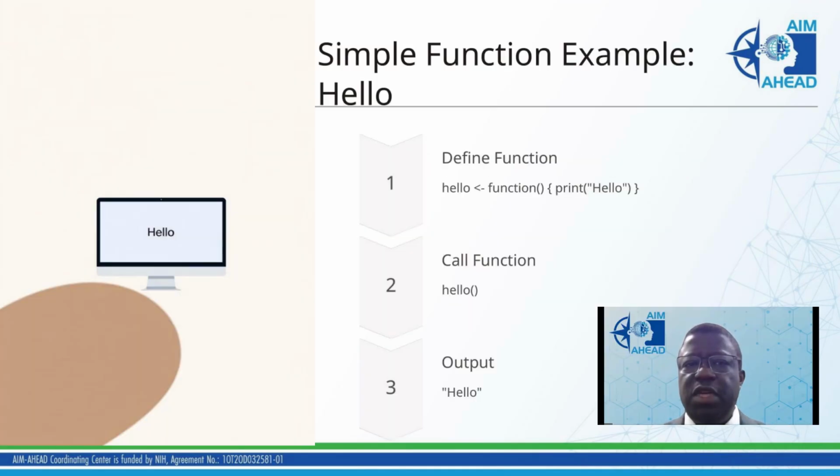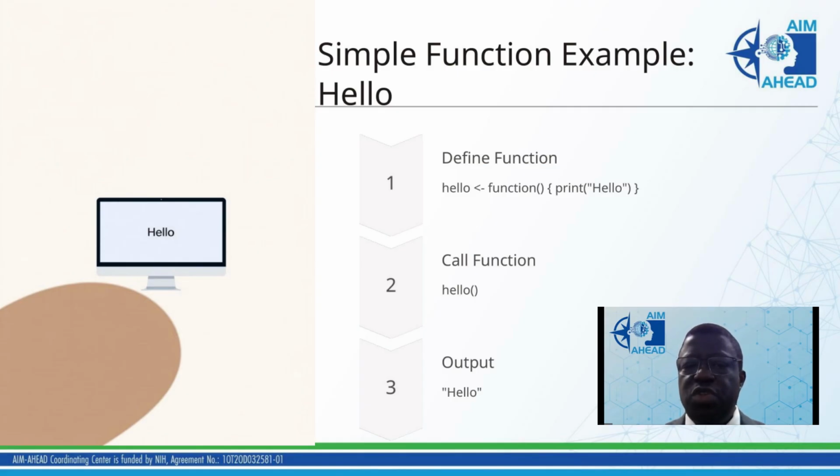We explore the fundamental concepts of creating functions in R programming. To start, let's define a function using the following syntax. hello <- function() { print("hello") }. In this example, we define a function named hello. This function, once invoked, will output the text hello to the console.